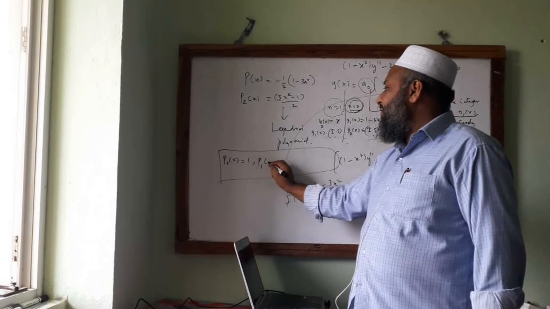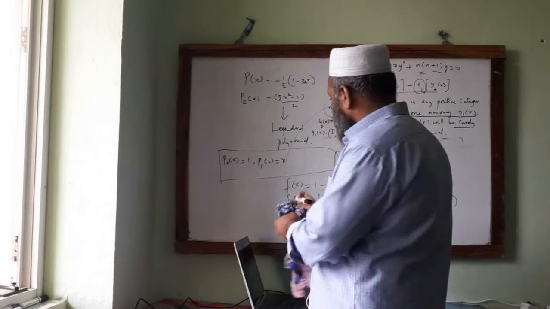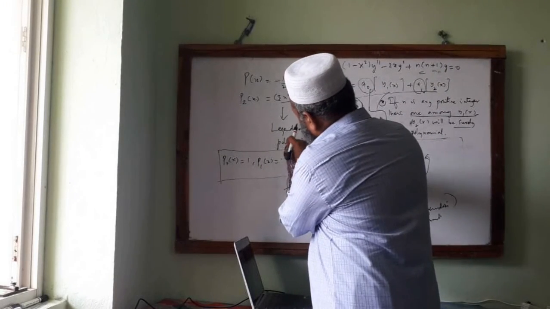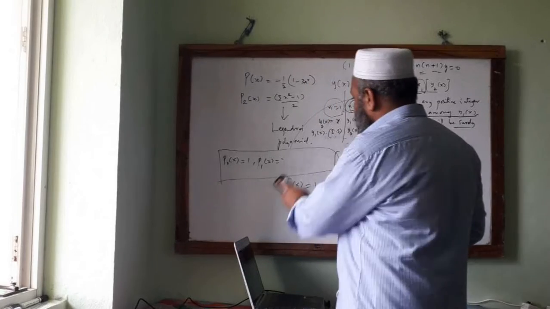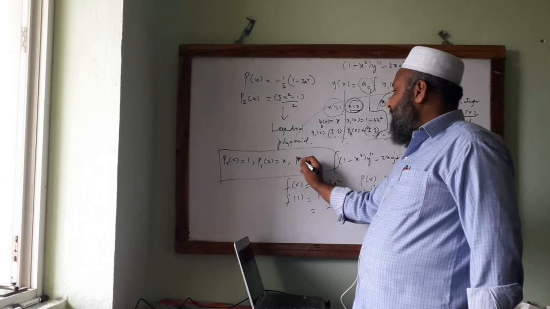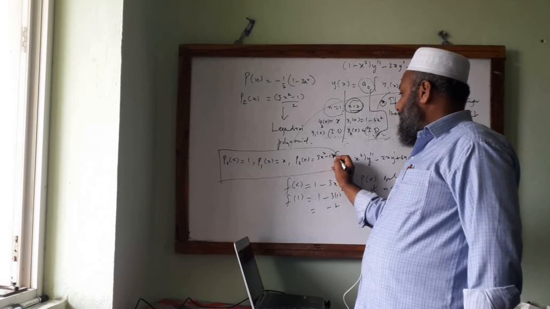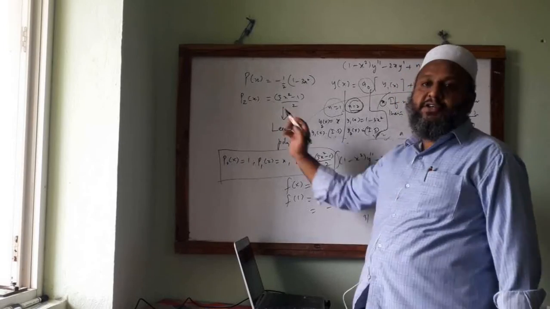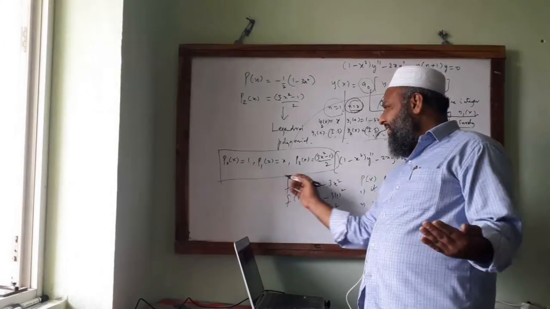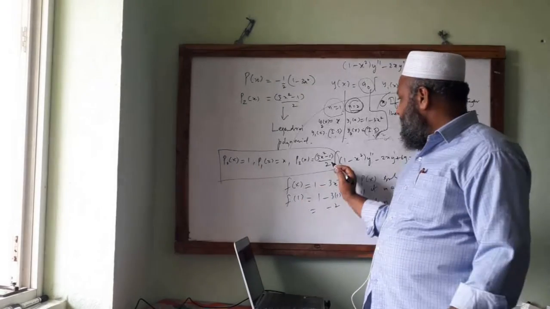So p1 of x is x, p2 of x is 3x square minus 1 by 2, which I have just now derived. So these are the three very fundamental Legendre polynomials, but of course it is not ending here.